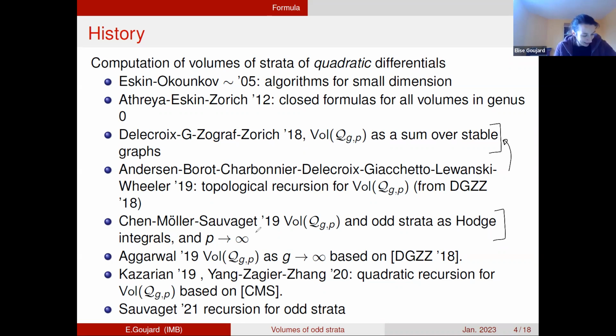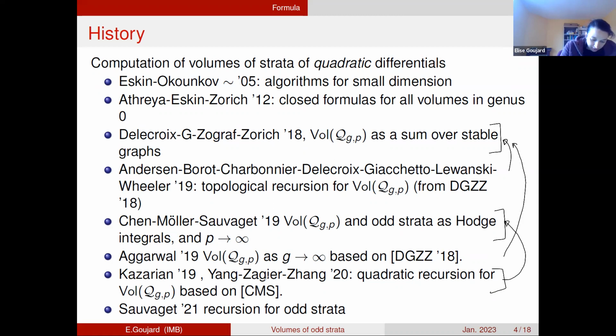There are a lot of results. Also, Amol Aggarwal, and I will say more about this result later, was able to compute the asymptotics of these volumes as the genus tends to infinity. This is based on the algebraic work, on the formula as Hodge integrals.